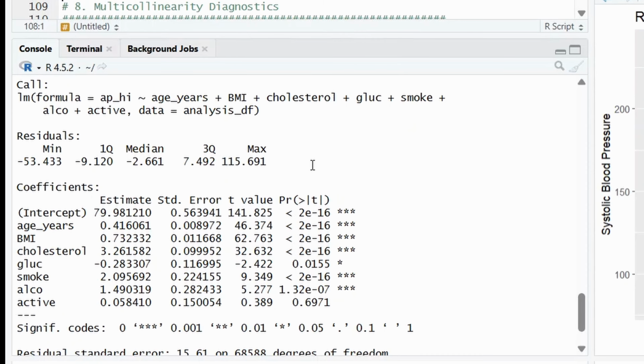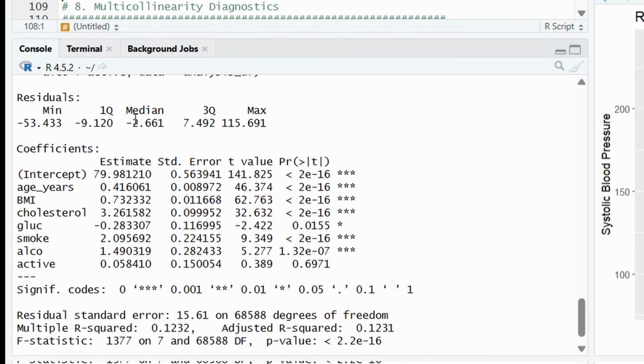Let's walk through the results of our multiple linear regression model predicting systolic blood pressure. First, the model predicts AP_HI using 7 variables: age, BMI, cholesterol, glucose, smoking, alcohol use, and physical activity.